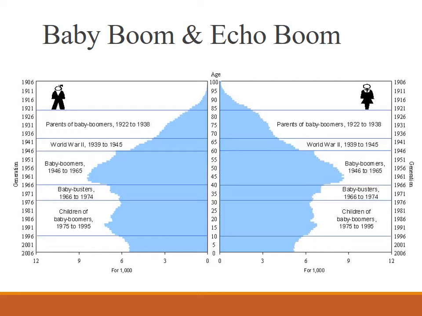Once the boomers reach childbearing age, there is another boom of births. And because it's the product of an earlier boom, this is called an echo boom and reflects the larger cohort of baby boomers giving birth to this larger cohort of the children of baby boomers.